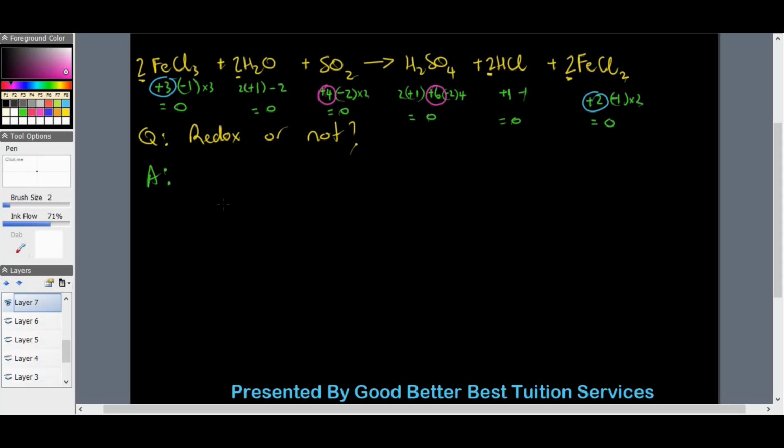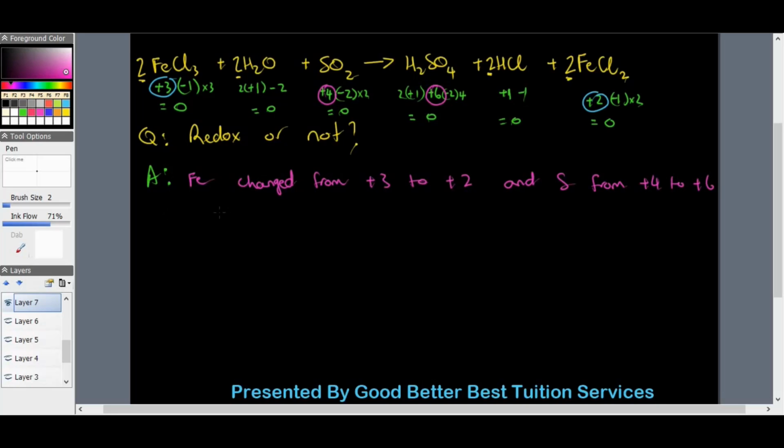So in my answer, we know that iron has changed from +3 to positive 2. Alright? And sulfur has changed from positive 4 to positive 6.